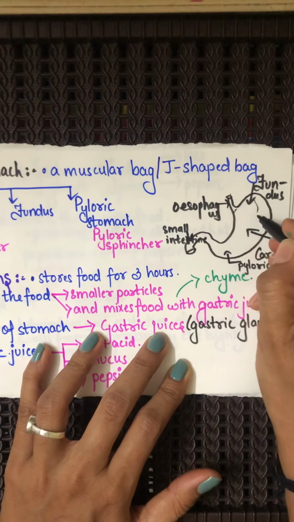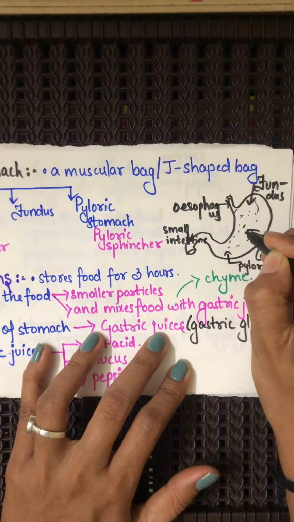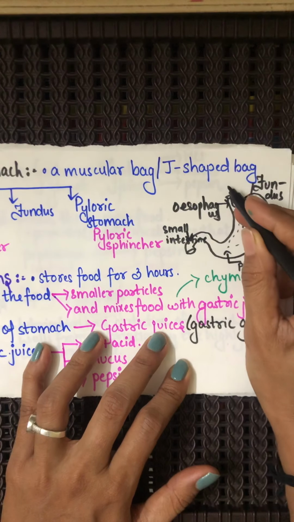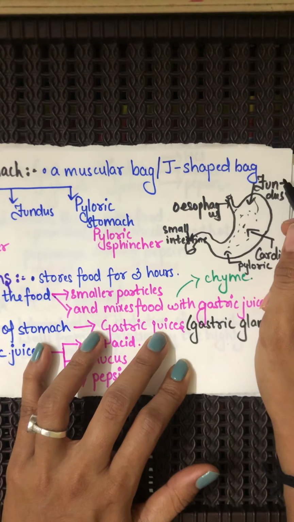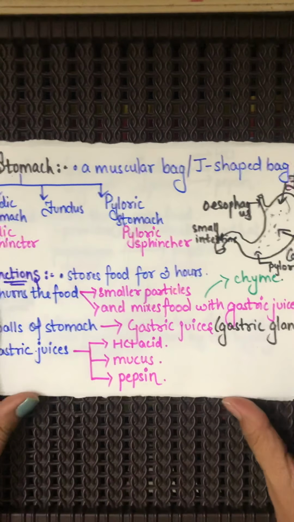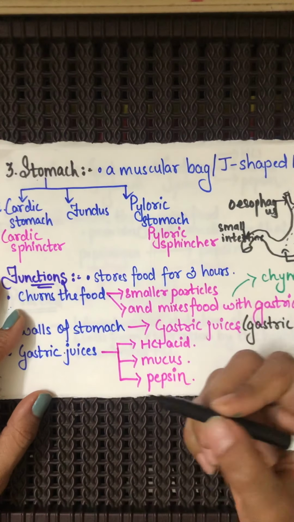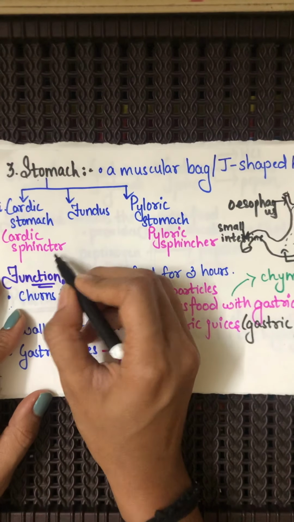That is, once the food has reached the stomach, it will not flow back, it will not go back to the esophagus. Do you understand this? That happens with the help of the valve or sphincter, that is the cardiac sphincter.